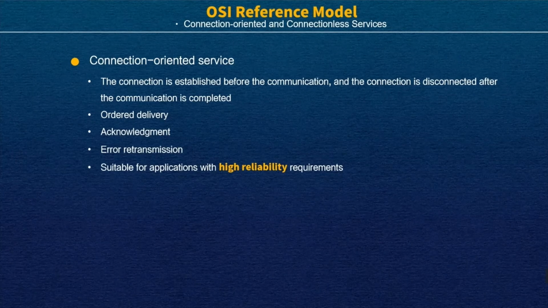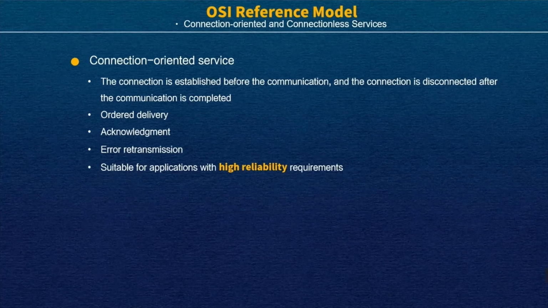For example, maybe you want to get some message from the bank. The password is very important, right? In this scenario, we hope we can use a connection-oriented service. But the other one only provides a connectionless service.